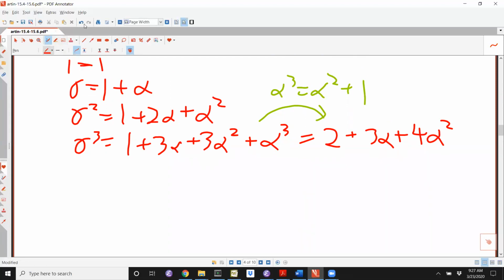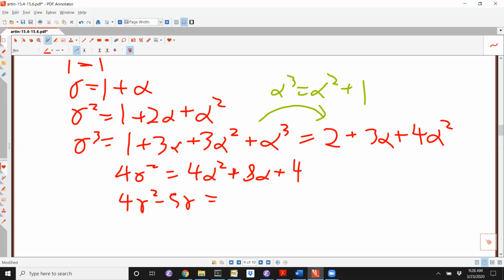So I'm going to guess here. In order to match this coefficient of alpha squared, what you have to have is something like 4 gamma squared. So 4 gamma squared is equal to 4 alpha squared plus 8 alpha plus 4. And so we're off from what we want here by 3 alpha. So what we want, a little bit closer, is 4 gamma squared minus 5 gamma.